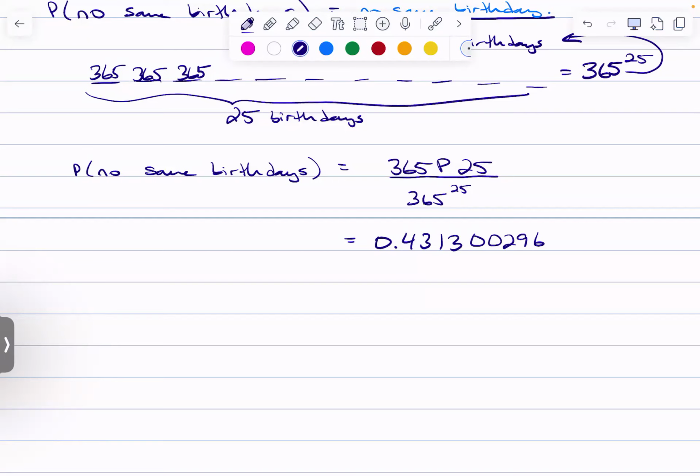If I tell you the probability that among 25 people there's no same birthday is 0.43, then your brain says, aha, the probability of at least a pair of birthdays is 1 minus that.